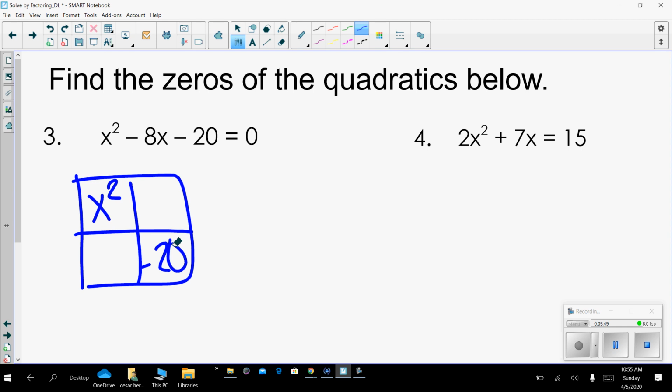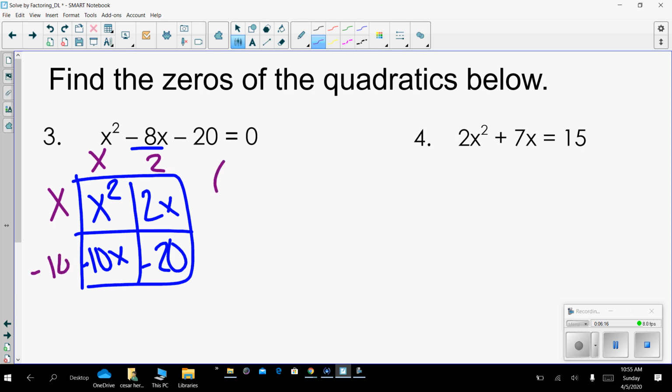And if I multiply to get a -20 and add to get a -8, 10 and 2. And one of them has to be negative, and it has to be the 10. Why? Because when I add them, I need to end up with a -8. So now we have x on this side, x on this side, x times 2, and x times a -10.